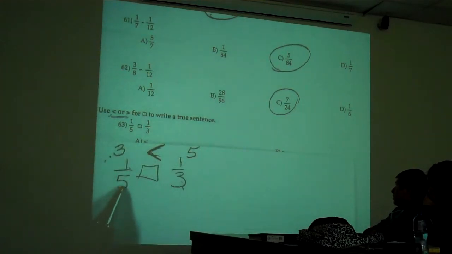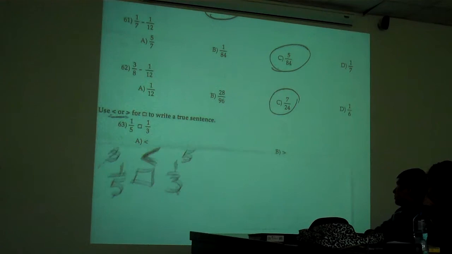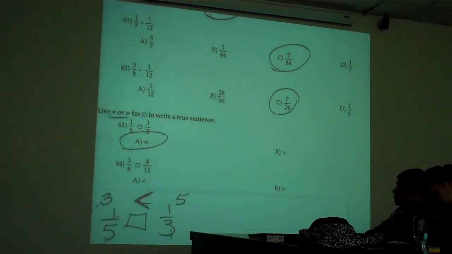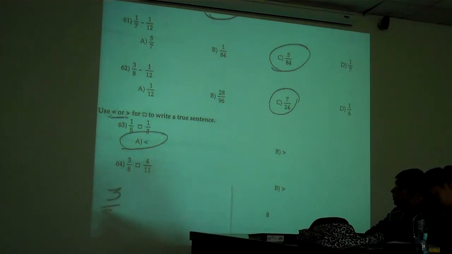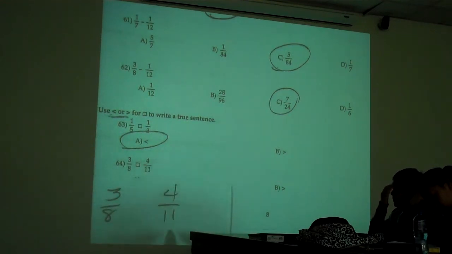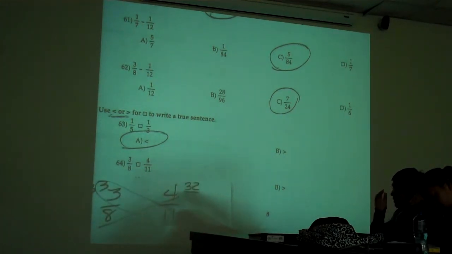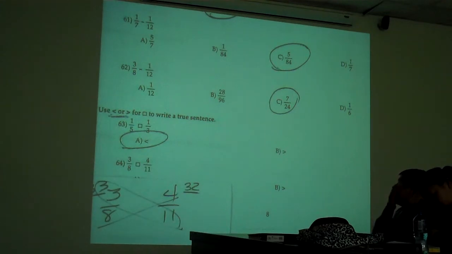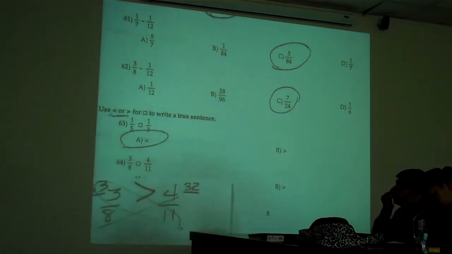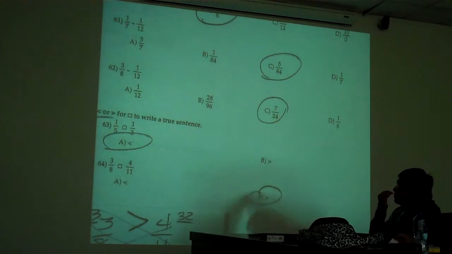If you ate 1/5 of a pizza, you're eating less than if you ate 1/3 of a pizza. So that's just the less than. Okay, 3/8 and 4/11. 11 times 3, 33. 8 times 4, 32. So it's greater. Barely greater, they're almost the same.